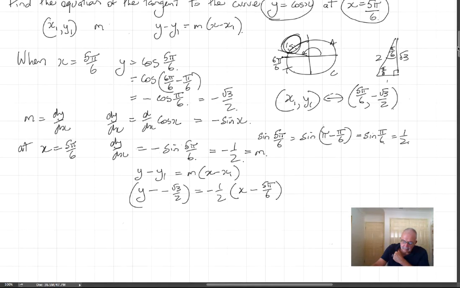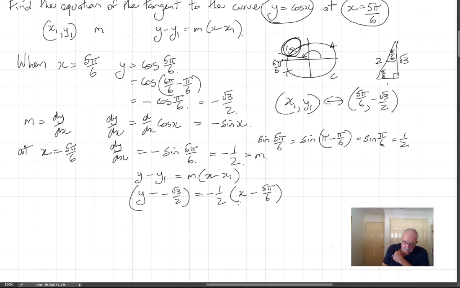Need a little bit more room. Let's remove both brackets, so y plus √3/2 is equal to minus a half x plus 5π/12. If I multiply through by negative a half, we get that.